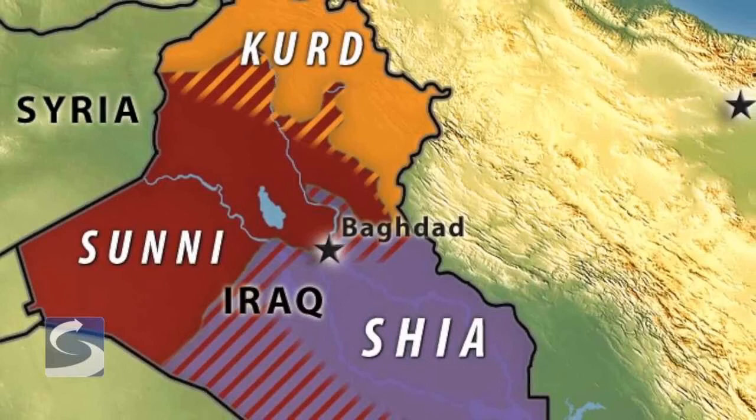You have Shiites, who are located closer to the border with Iran, and that's the big Shiite country in the world. And then you have a group of people called the Kurds. The Kurds are located mostly in the north of Iraq, but also in other countries as well, such as Iran and Turkey, and maybe even going up more north than that into Syria.